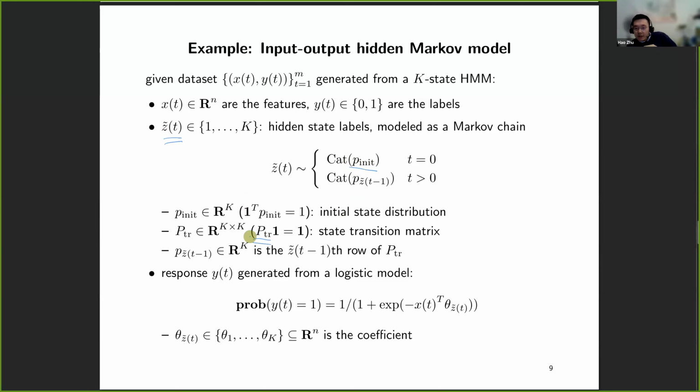Then it's a generalized hidden Markov model in the sense that the response Y is generated from a logistic model, which is given by this probability, right? And the X are the features, and this theta belongs to one of these K thetas, which assigns different coefficients to different states of the Markov chain.